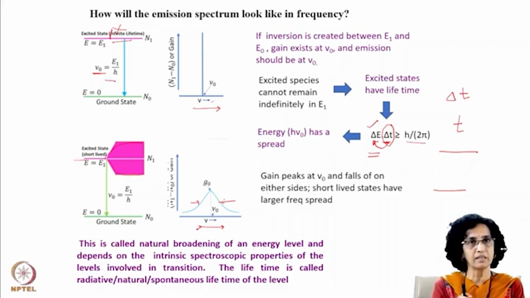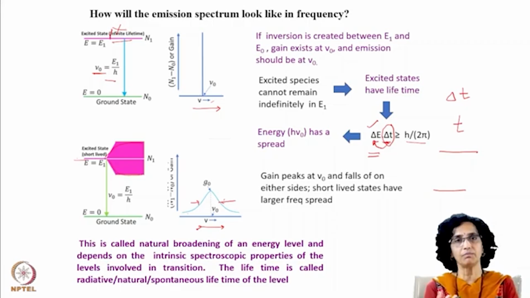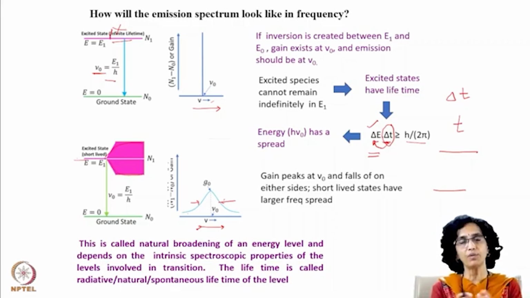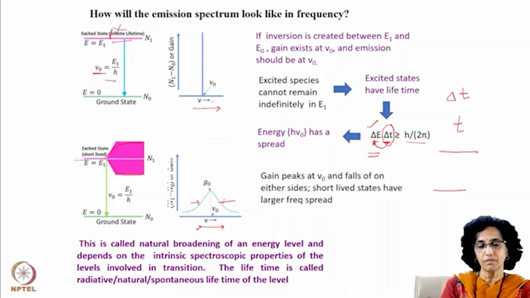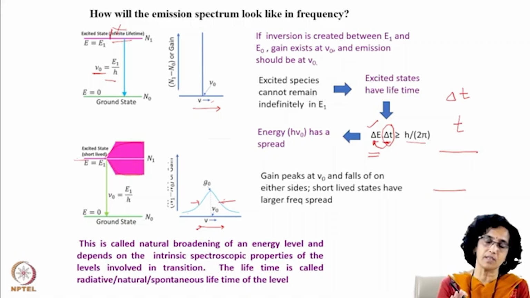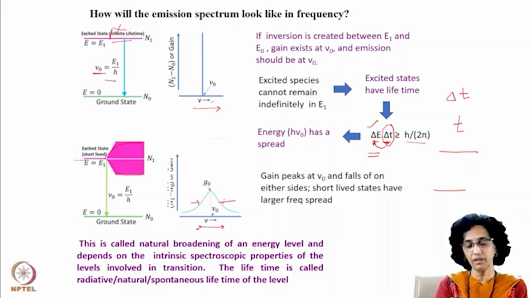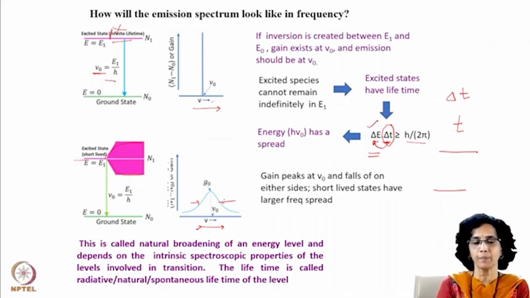You can just think and try to see if you can answer this question. What would be the lifetime of the ground level? Now, this is about spontaneous lifetime, and any excited energy level will have a certain broadening, which depends on its spectroscopic properties.